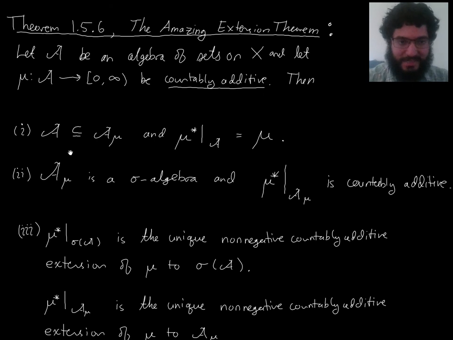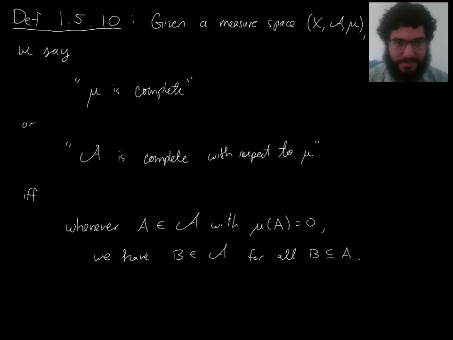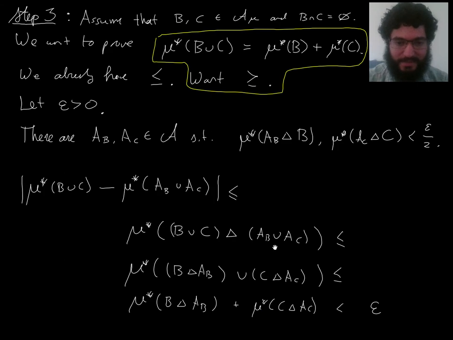Back in the amazing extension theorem, we've already proven part 1, where we know that mu star extends mu. So we know that if you're applying outer measure to things that are in the original algebra of sets, that's just the same as applying mu itself. Okay, so back here, I don't need this star, because this is something that's in my algebra of sets, A.